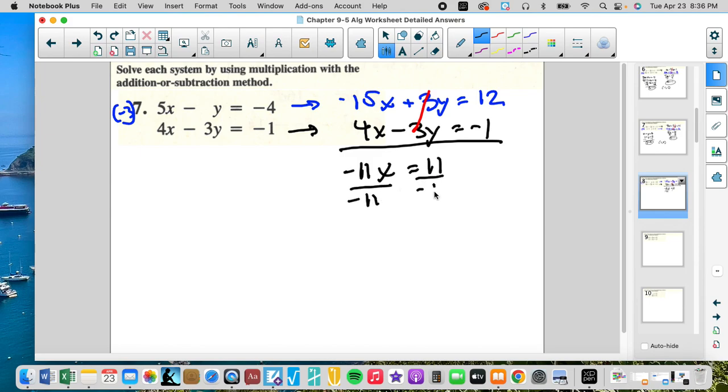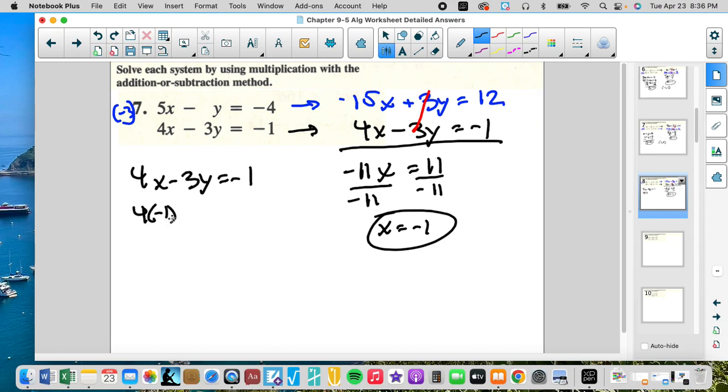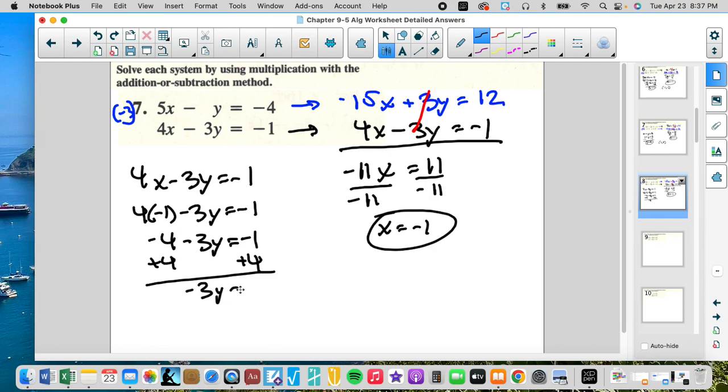Divide by -11. x equals -1. 4x minus 3y equals -1. We'll plug in -1 for x. Simplify. We'll add 4. Now we'll start isolating y. -3, -3. y equals -1. So we get -1, -1.